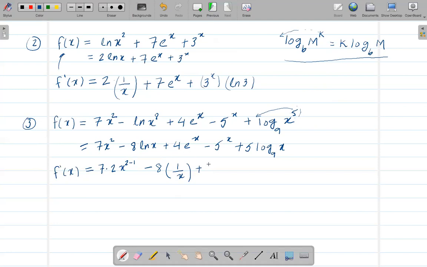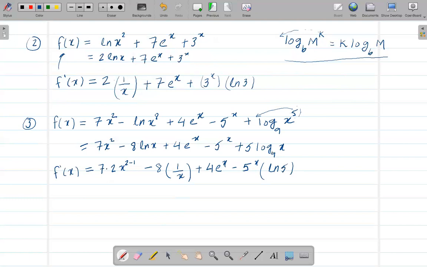For this one, 4 times the derivative of e to the power x is e to the power x, minus the derivative of 5 to the power x. Now, the variable is in the exponent, so this is an exponential function. To take the derivative of this, the first part will be the same thing, 5 to the power x times natural log of 5, right?